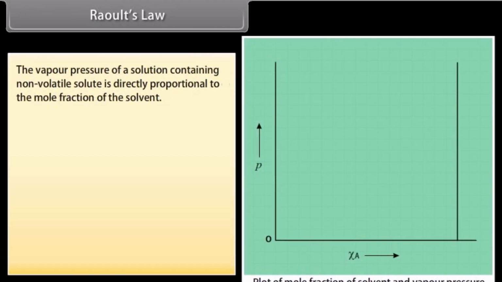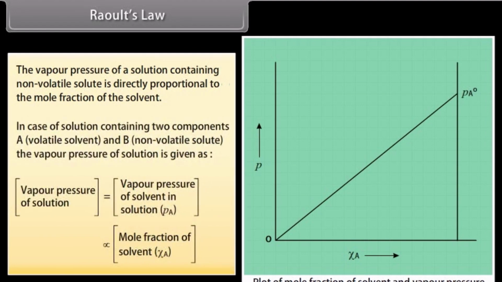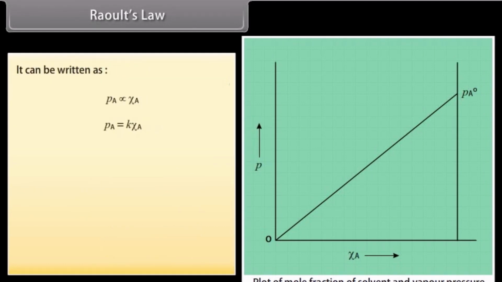Raoult's law. The vapor pressure of a solution containing non-volatile solute is directly proportional to the mole fraction of the solvent. In case of solution containing two components, volatile solvent and non-volatile solute, the vapor pressure of solution is given as P_A = K × X_A, where K is proportionality constant.